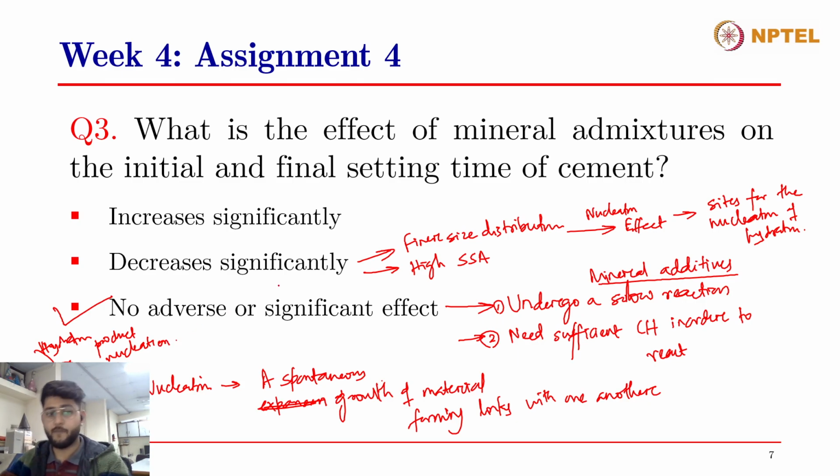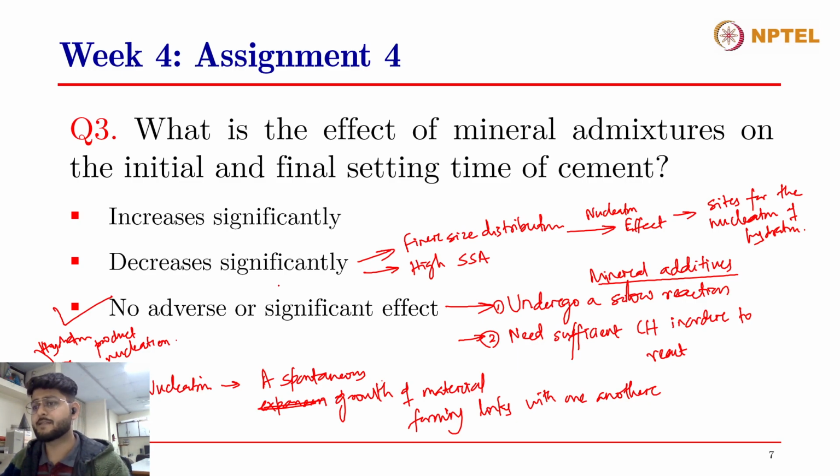Right? And when this nucleation effect comes into play, that increases the heat of hydration of the overall cement or overall cementitious matrix, including the SCMs as well. And when this heat of hydration increases, we know that the setting time is also affected, meaning that the setting time decreases. So due to this nucleation effect also, the setting time could vary a little bit, but this is not the direct influence of the mineral admixtures on the setting time.